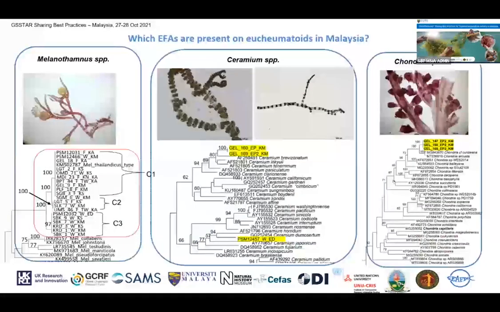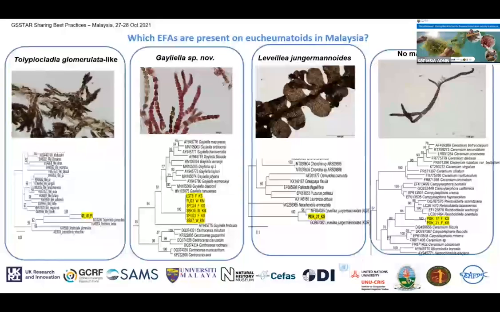Prior to this study, EFA identification was solely based on microscopic examination. Through the use of DNA sequencing, we can confirm that the most common epiphytes in eucheumatoid farms are species of Melanothamnus, followed by Ceramium, Chondria, and others such as Gayliella and Laurencia.